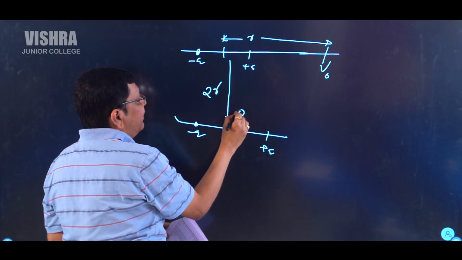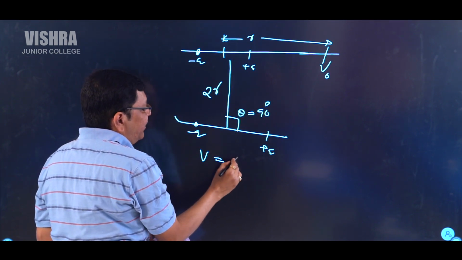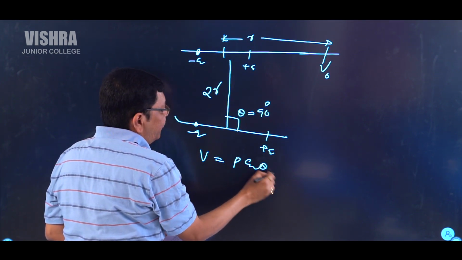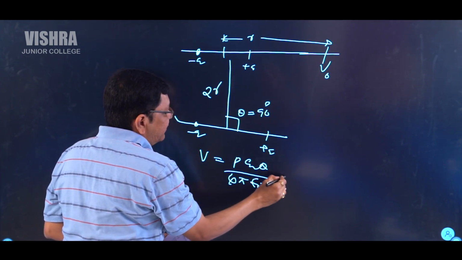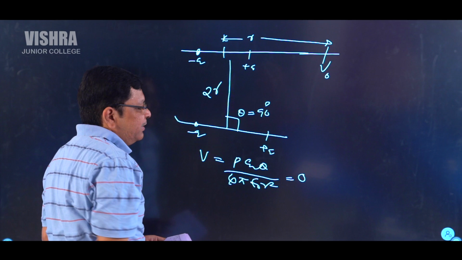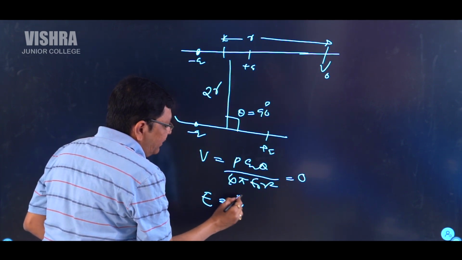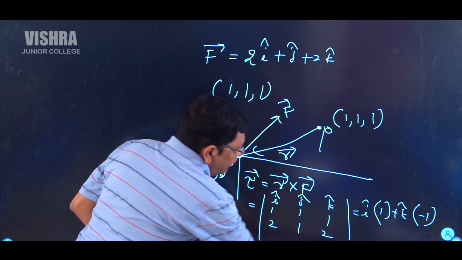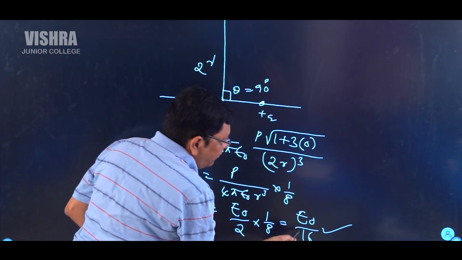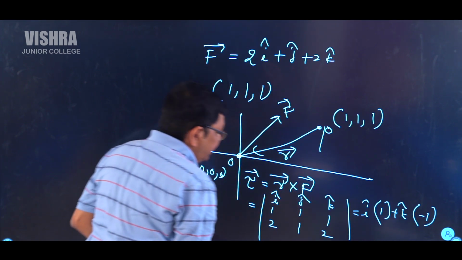On the equatorial line, theta is 90 degrees. The electric potential depends on P cos theta over 4 pi epsilon naught r square. Theta is 90 degrees, cosine 90 is 0. So the potential is 0. So on the equatorial line, the electric field is E naught over 16, and potential is 0.